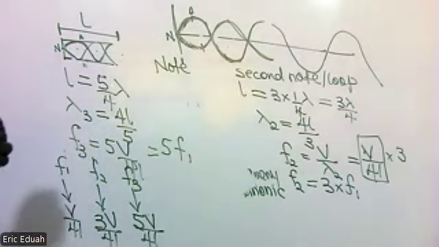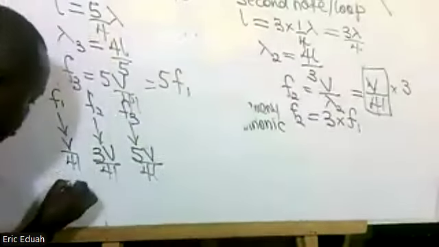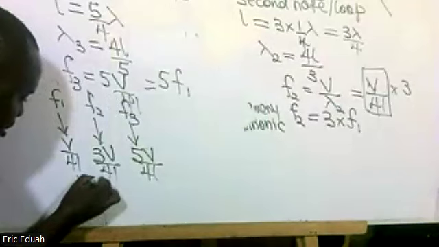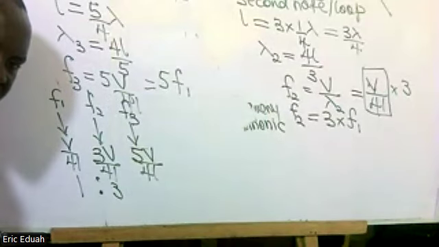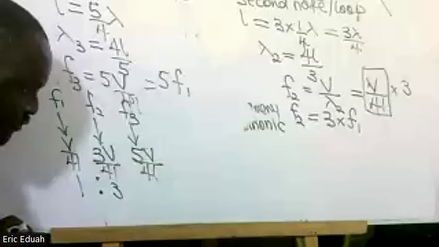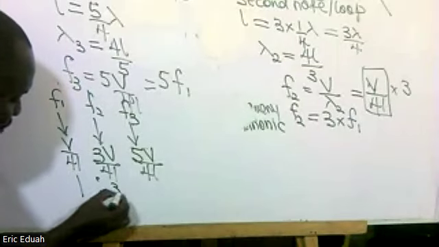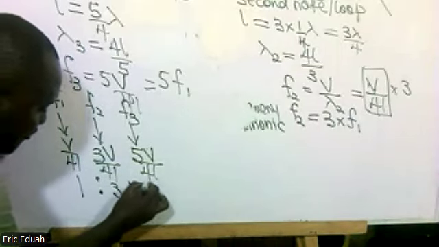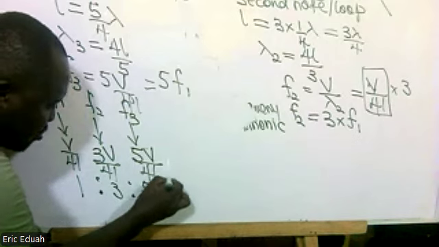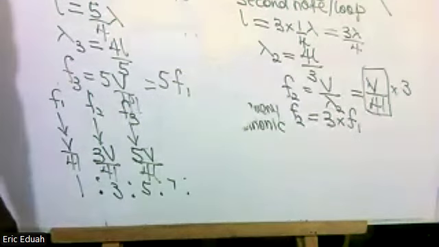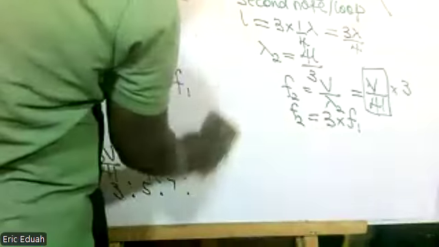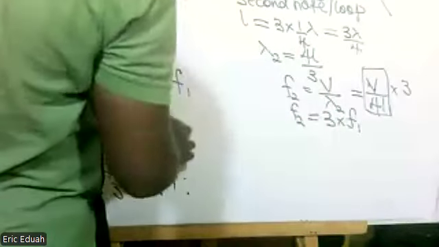So we realize that the harmonics are odd. 1, 3, okay, the coefficient 1, 3, 5. The next one will be 7, 9, and so on and so forth. So closed pipes have odd harmonics.